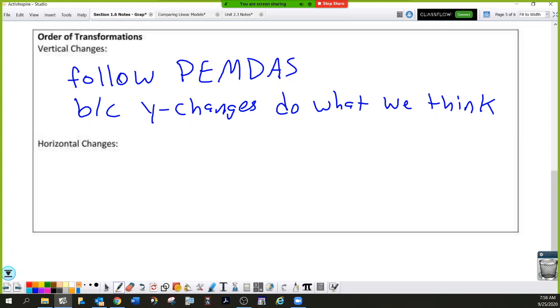So if you have multiple transformations on the inside and you have to describe them or do what they tell you to do, you do them using the opposite. So you wouldn't follow PEMDAS, you would follow SADMEP. No, it's PEMDAS spelled backwards. Every time you solve for x, you're using SADMEP.